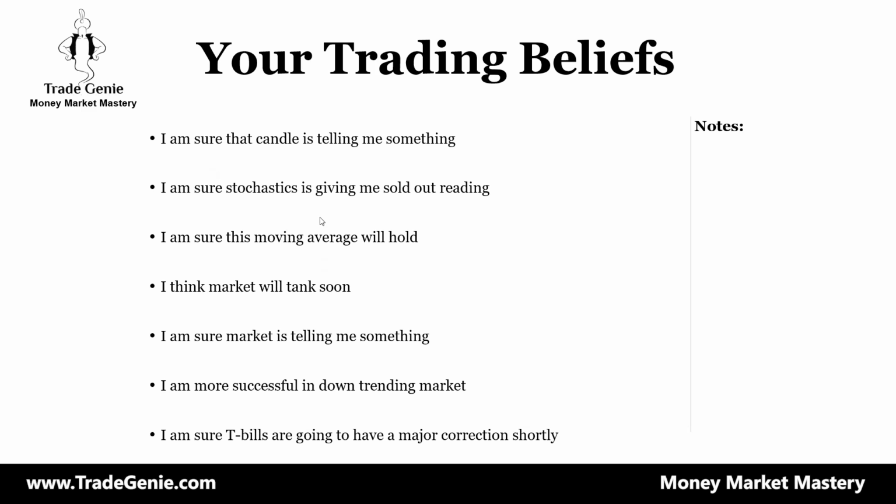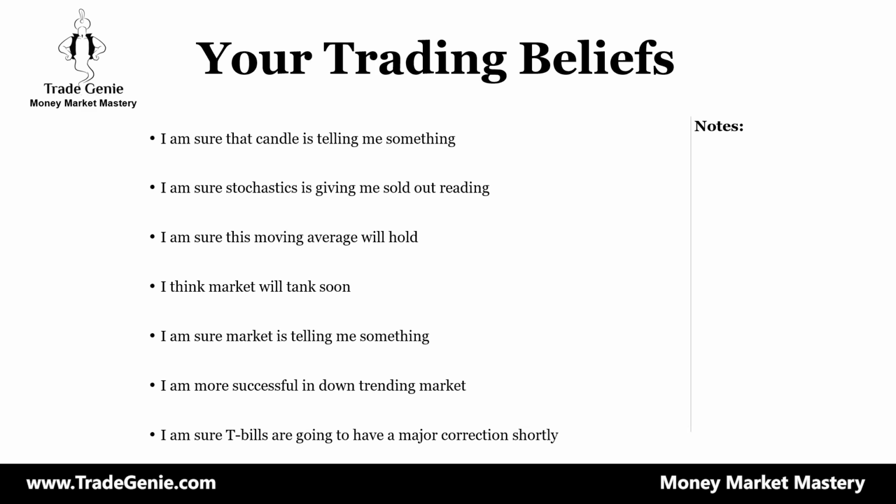Similarly, I'm sure the stochastic is giving me an oversold reading. Traders use the stochastic for oversold and overbought. The market can be overbought for a long time. Right now the Dow Jones, S&P, and Nasdaq are making new highs and are overbought. You will hear that the market is overbought and we need to go all cash.